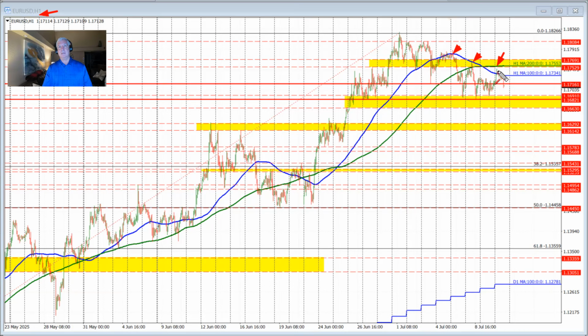In this case, the price moved back above the 100-hour moving average, but as you can see, the 200-hour moving average is now above that moving average, and so we need to get above that level as well to increase the bullish bias. We couldn't do it. We tried to move higher here, tried to move higher right here. Couldn't do it. The market has since rotated back to the downside.